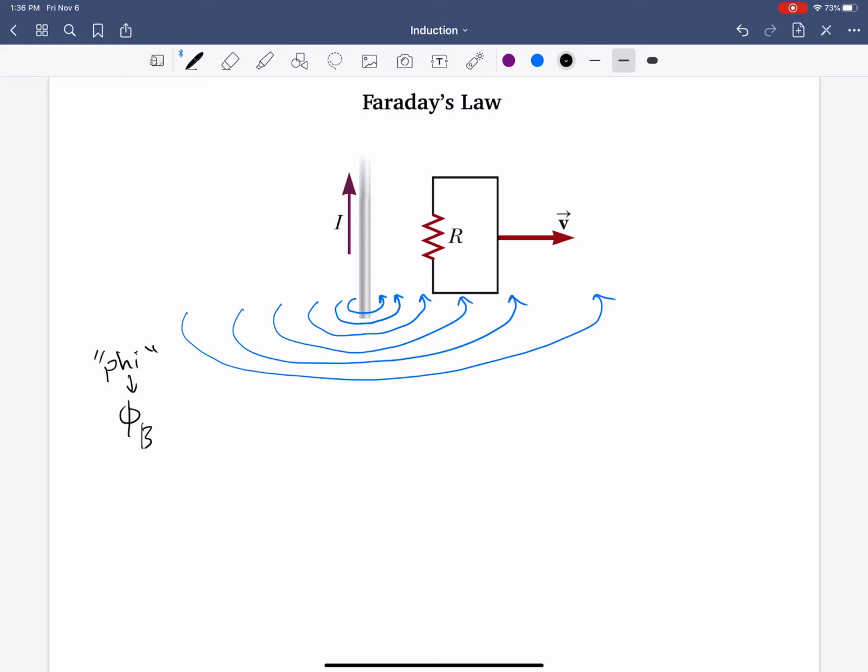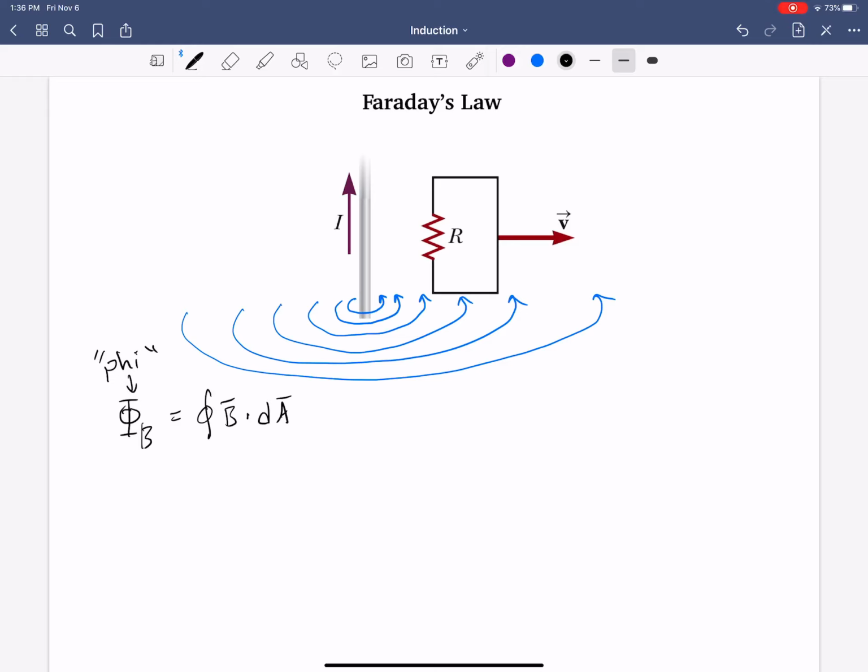And some books have it like a capital I with a circle in the middle. I find it's quicker, as a shorthand, to just do the one vertical line and the circle. Either's fine. So that's the magnetic flux, and that's the closed integral of B dot dA.